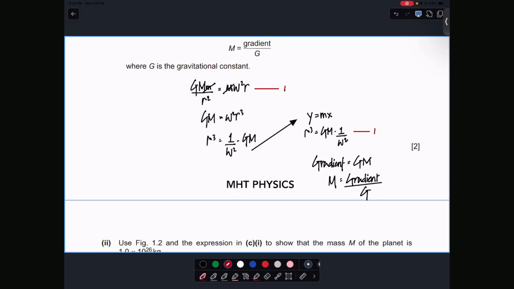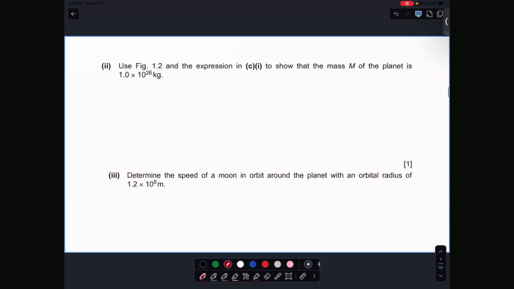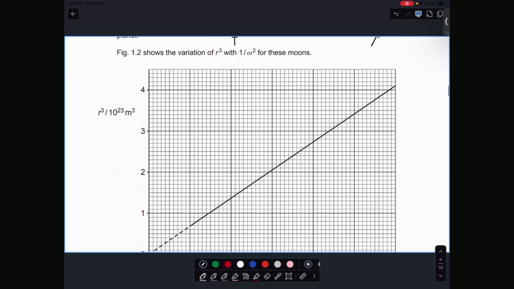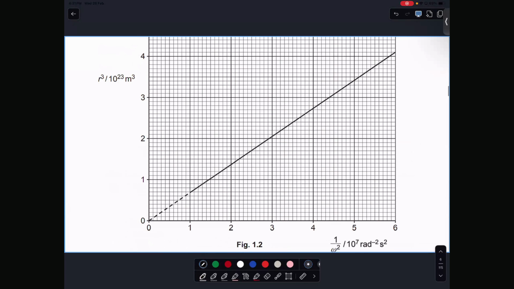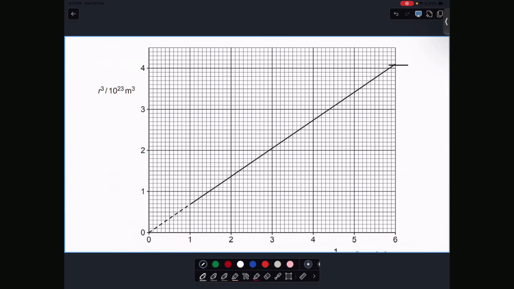Clear about this? Okay, here it says figure 1.2 and the expression in c(i) to show that the mass of the planet is given like that. So what will we do? First we need to find the gradient from this. How will you find the gradient? I think this is easy because this is 4.1, so we can take the whole triangle, and the bottom is 6.